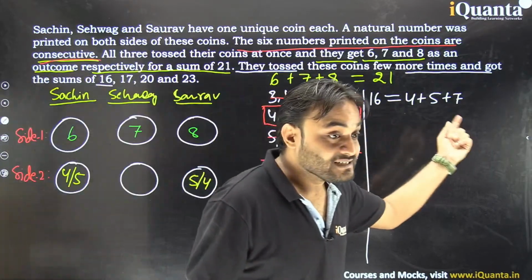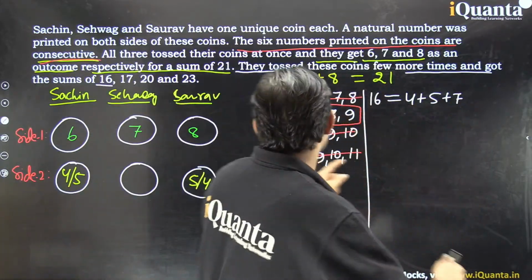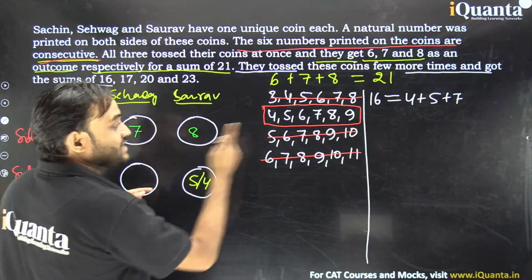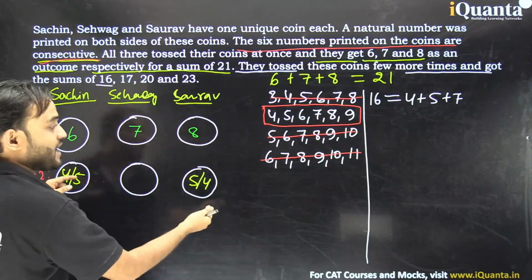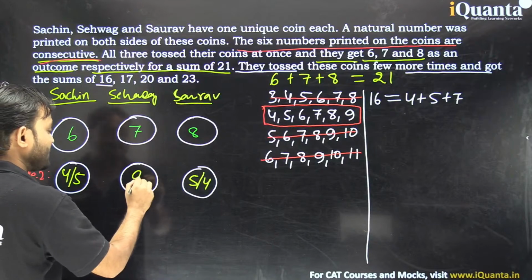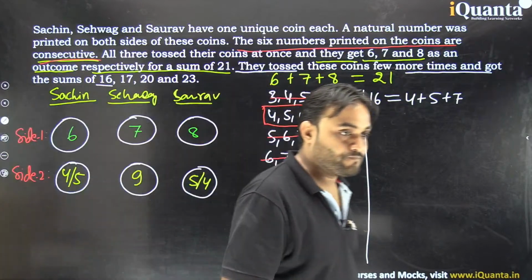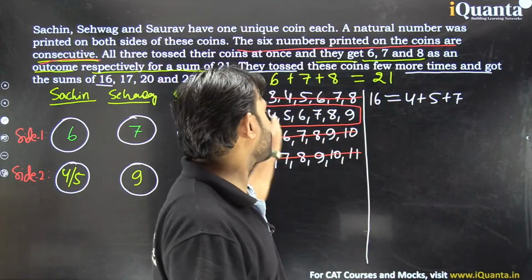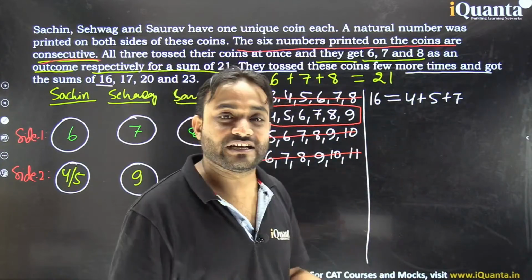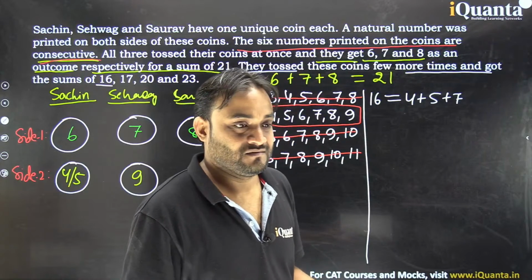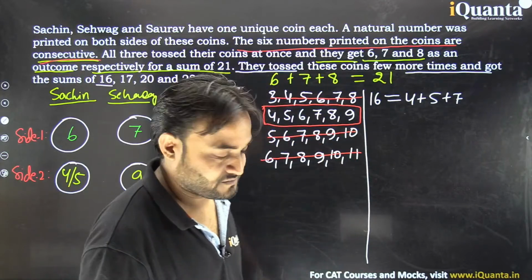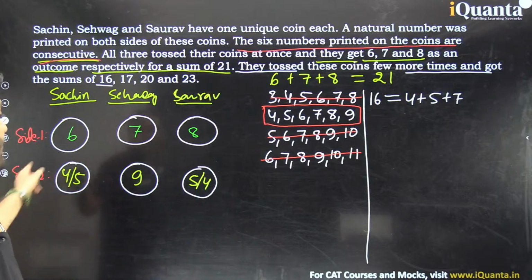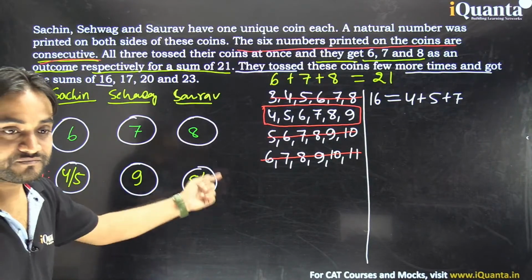As you can see, one coin outcome is 7 and the other two coins outcome is 4 or 5. Can we say 9 must be here fixed? Pratik, 1 is not possible because we are not getting 23 in any case. Same method. Okay, is this understood?